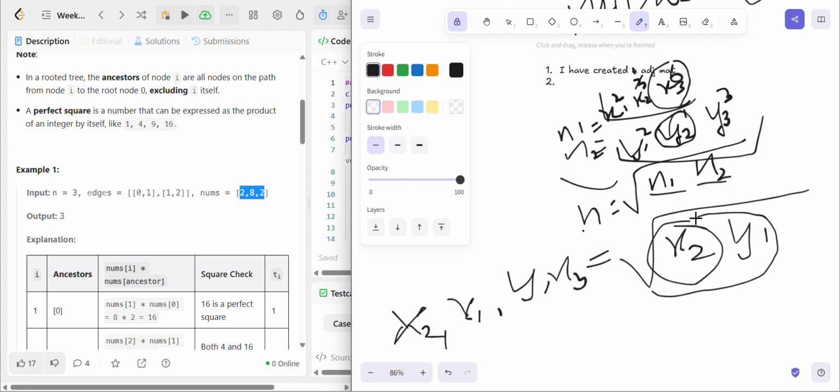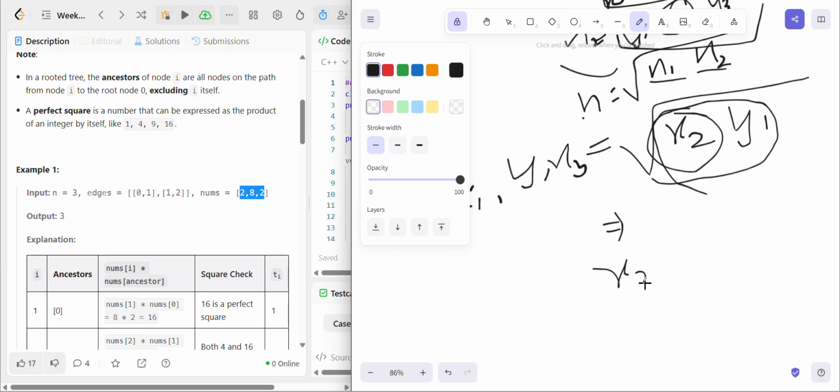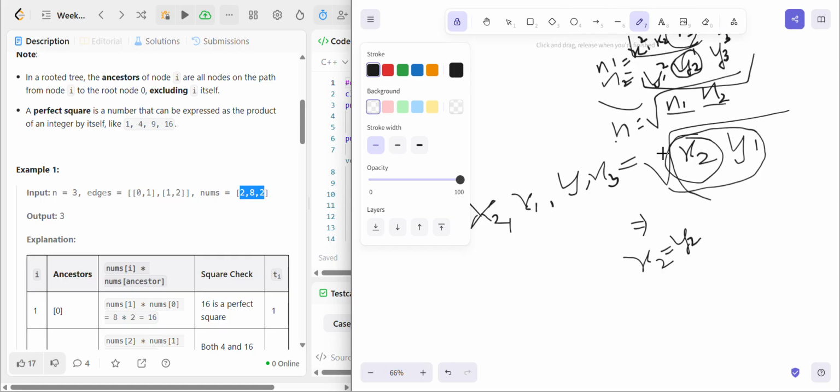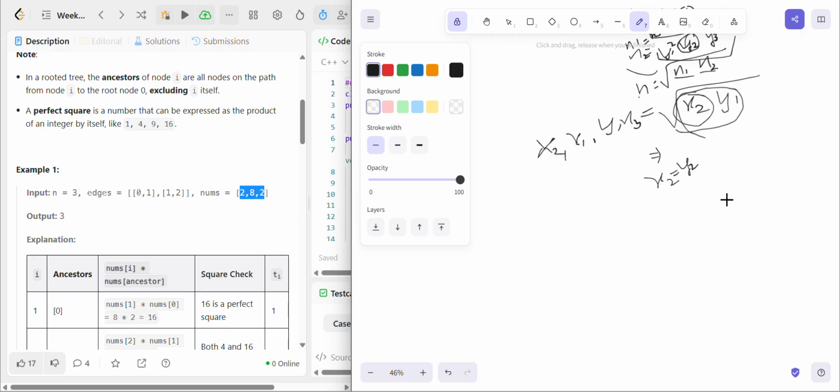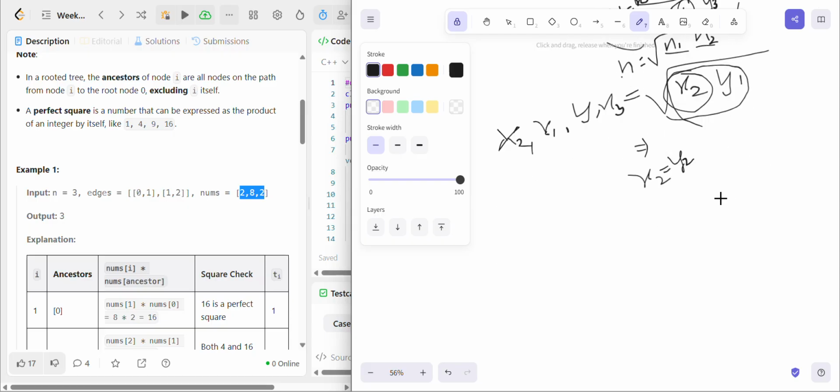So the product of the remaining x2 and y3 should be a perfect square, right? That means x2 should be equal to y3. So what we got is, for a given number n1, we can tell whether it makes a perfect square with n2 or not, as we will prime factorize n1.